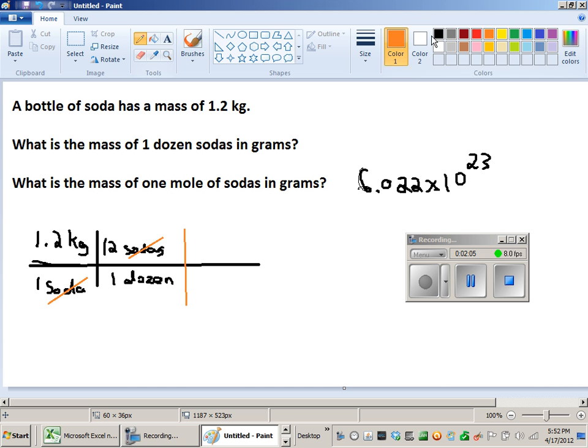So I need to multiply by the conversion factor for kilograms and grams. I could look this up. The prefix kilo means 1,000. So 1,000 grams equals 1 kilogram.